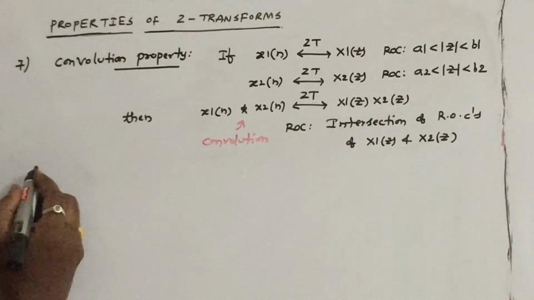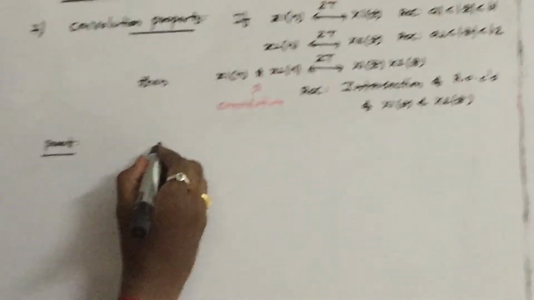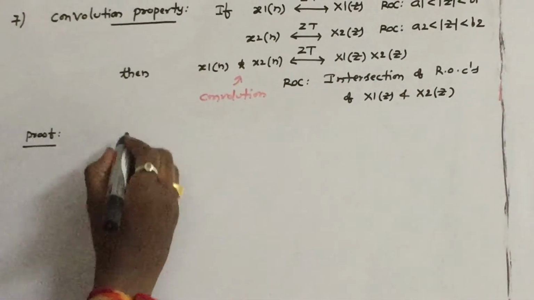So let us prove this property. Before that, let us see how the convolution of two discrete time sequences is defined.